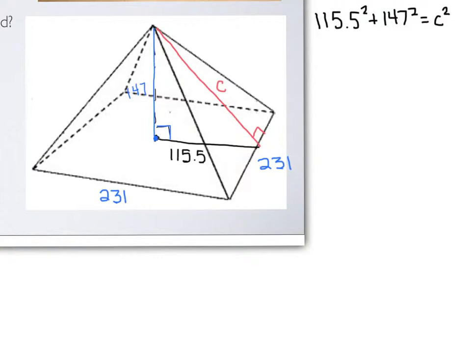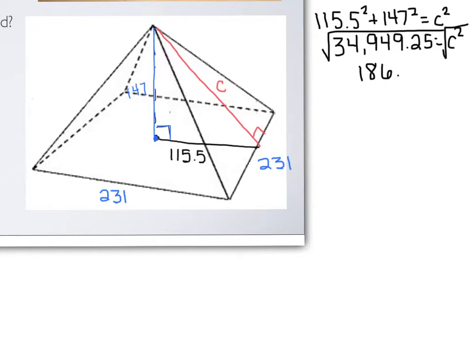Go ahead, Hunter. What does that whole thing equal on the left? 34,949.25. Thank you. Then we're going to take the square root. What do you get? 186.95.